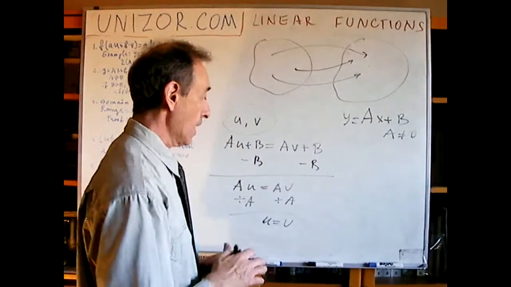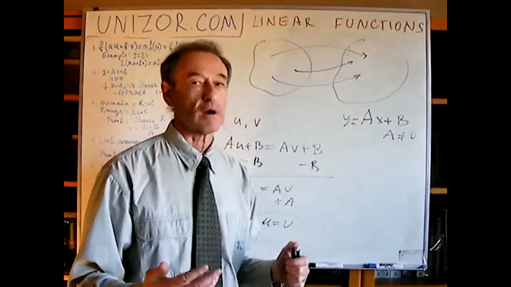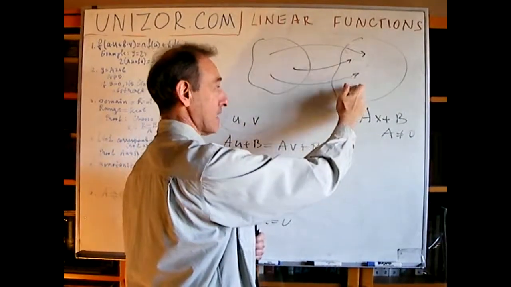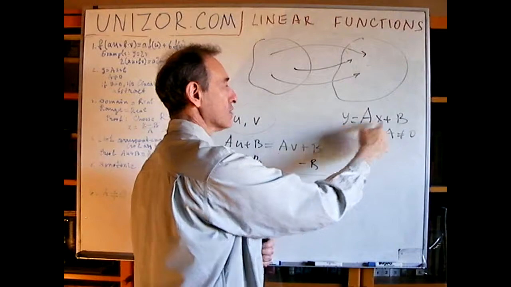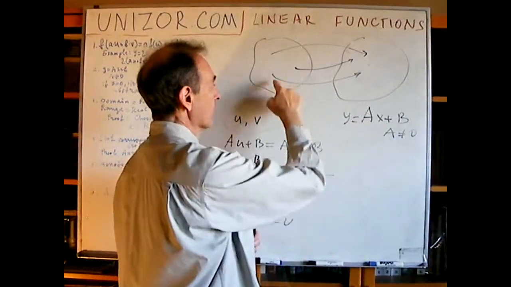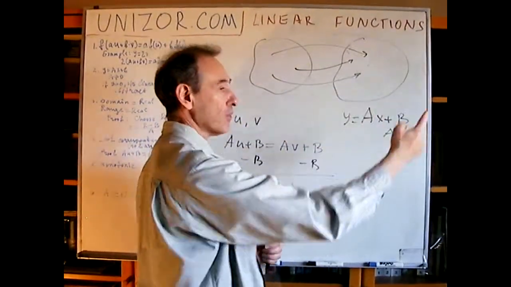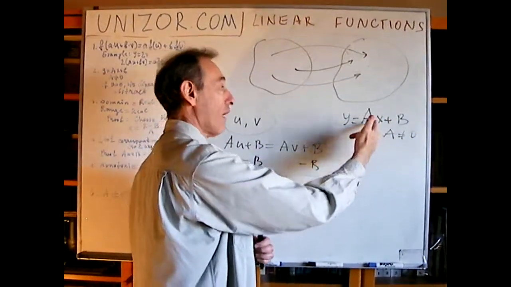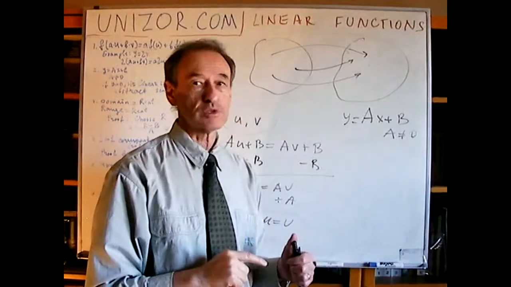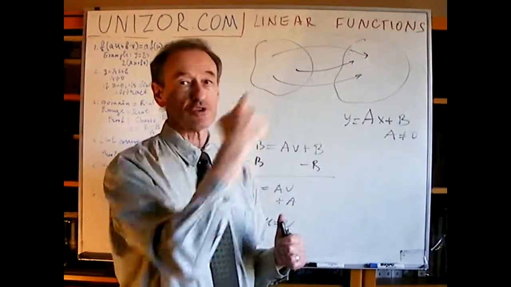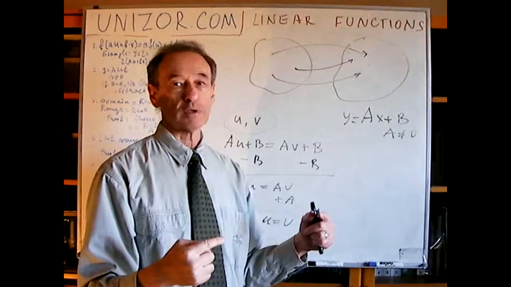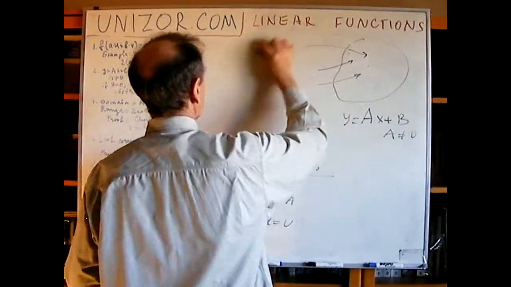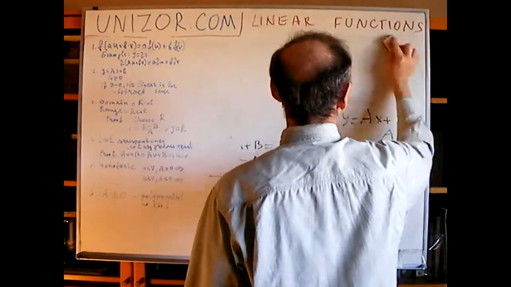Which means we have established a one-to-one correspondence between the set of real numbers and itself, using this function. For every real number argument, there is one and only one value. For every value, there is one and only one argument which can be used in this function to get that value. This is a one-to-one correspondence. Okay, that's fine. Next.